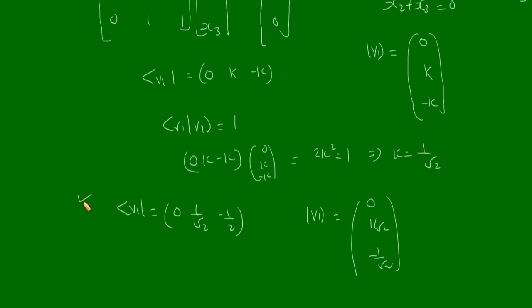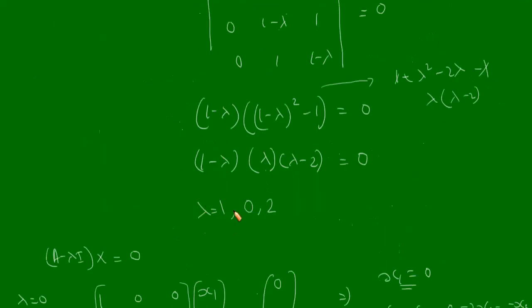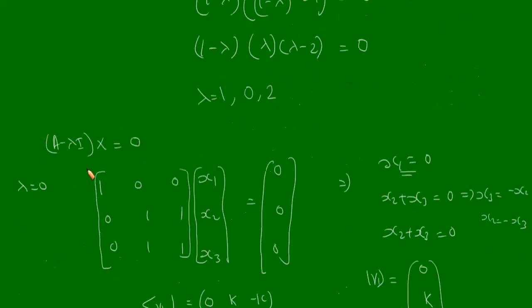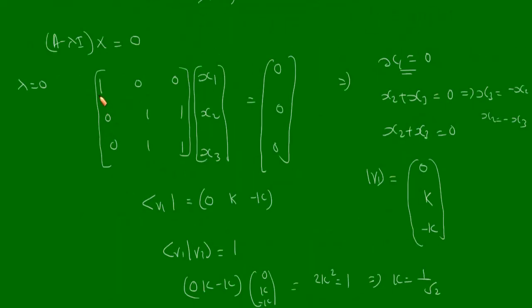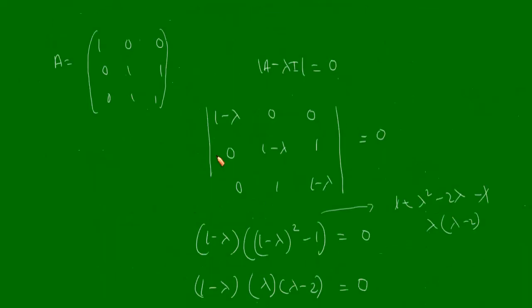Now in order to find out the next eigenvector, that is corresponding to lambda is equal to 1, again you have to start from the eigenvalue equation. So next case, when lambda is equal to 1, A minus lambda I has 1 minus 1, which is 0, here also 1 minus 1 is 0, so the diagonal elements all become 0.